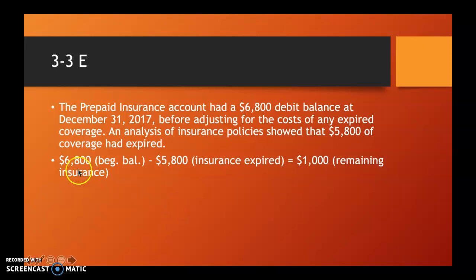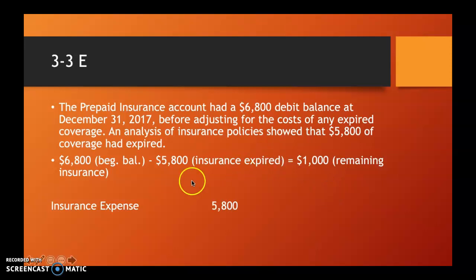So we had $6,800 of insurance policy at the beginning of this transaction, and the analysis showed that $5,800 expired. So the remaining insurance policy balance that would go into the following period would be $1,000. So you don't necessarily need this, but I think it just helps to start understanding those relationships between the accounts.